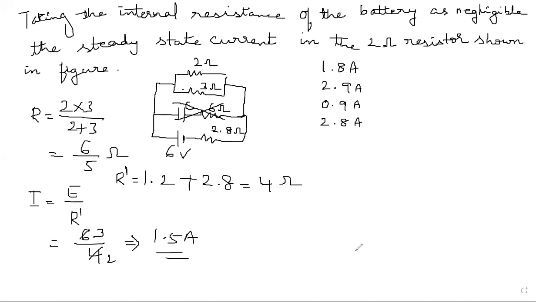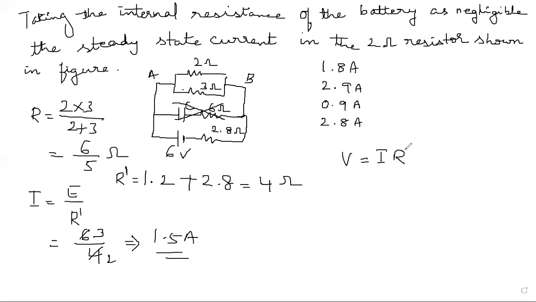Okay, so the potential difference across A and B. Why? Because if I know the potential across this combination, then I can find the current individually. So potential V is equal to I into R dash.